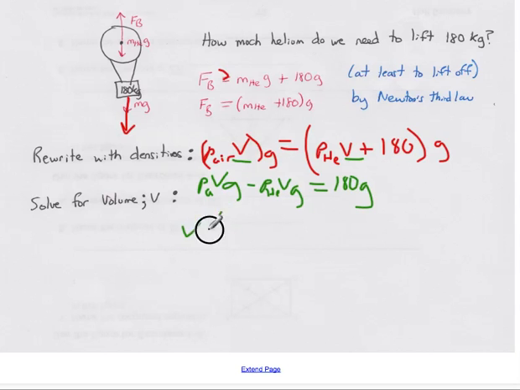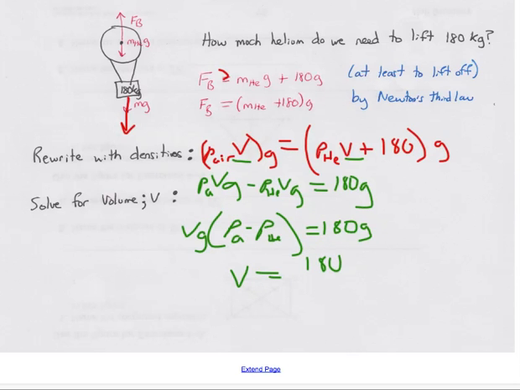Now I'm going to factor out my volume, so I get rho for the air minus rho for the helium gas, and those both have a g too. Factor that out, equals 180 g. And therefore the volume is 180 over the rho for the air. Those g's just cancel, divide them out.